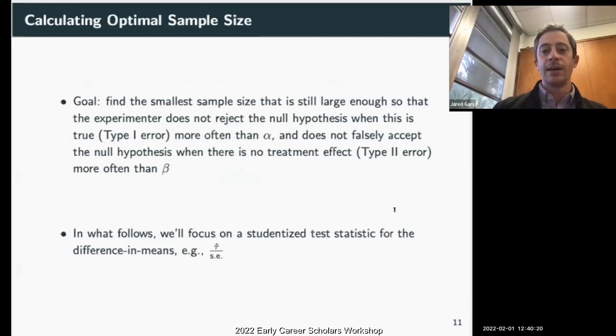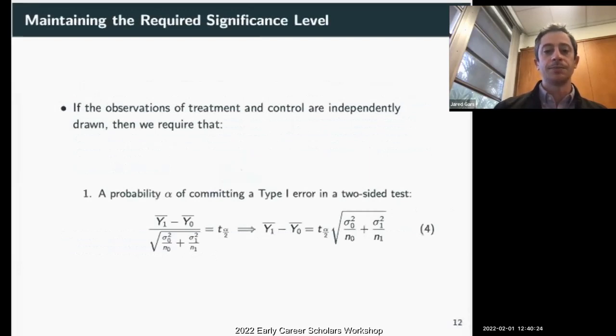And we're going to derive the MDE based on this test statistic and associated distributions. So given independently drawn observations for treatment and control, the significance level of our estimate for a given alpha is going to be provided here below as the difference in means over the standard error, right?